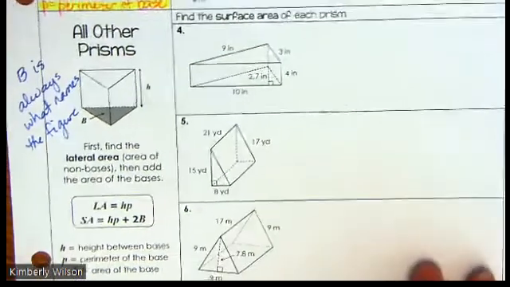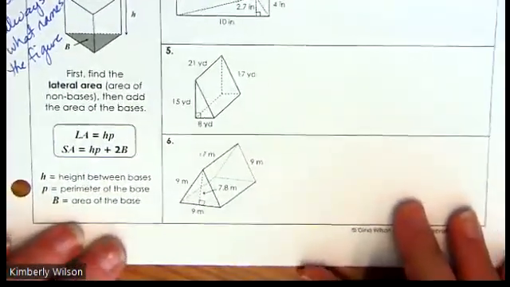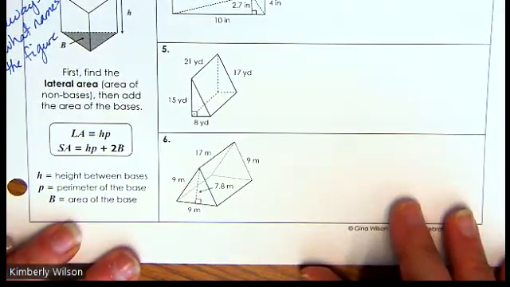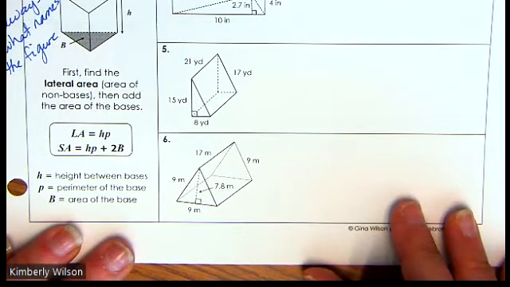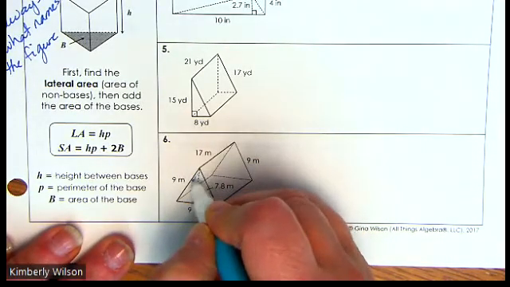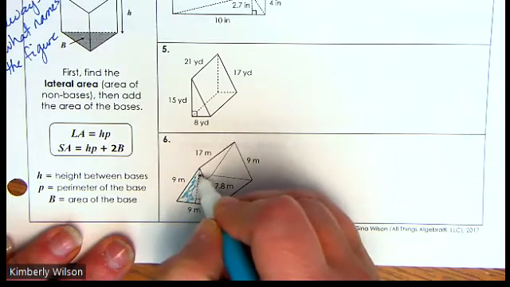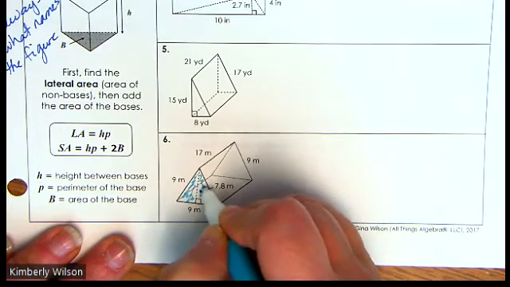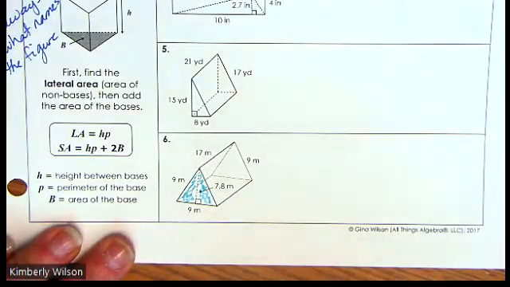Let's look at number 6. Okay, first things first, label your dimensions. Well, when I'm looking at this, my base is this triangle right here. Well, for that, I need to know what the base and the height are of the triangle. I'm going to jump ahead.